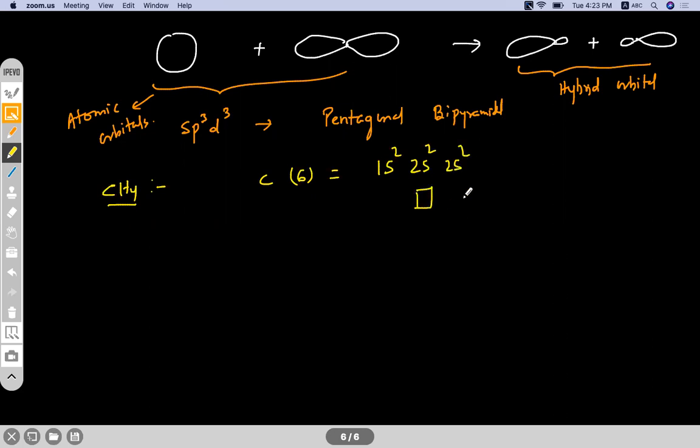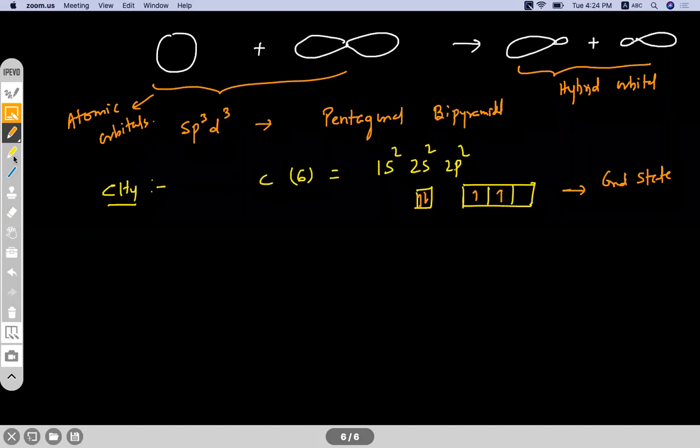In the orbital diagram, the 2s orbital has 2 electrons and 2p has 2 electrons, one each in two orbitals. This is the ground state distribution.